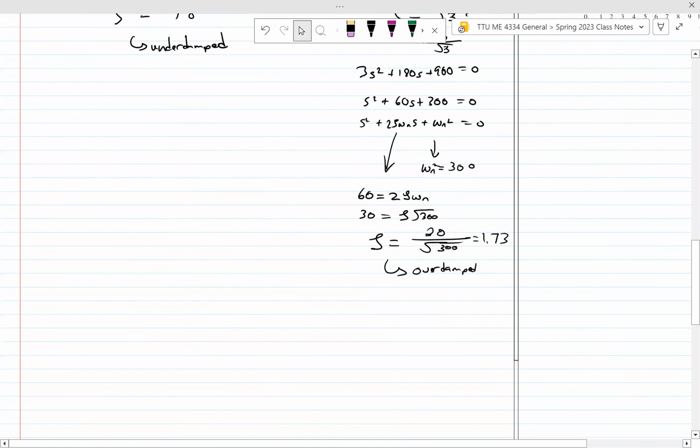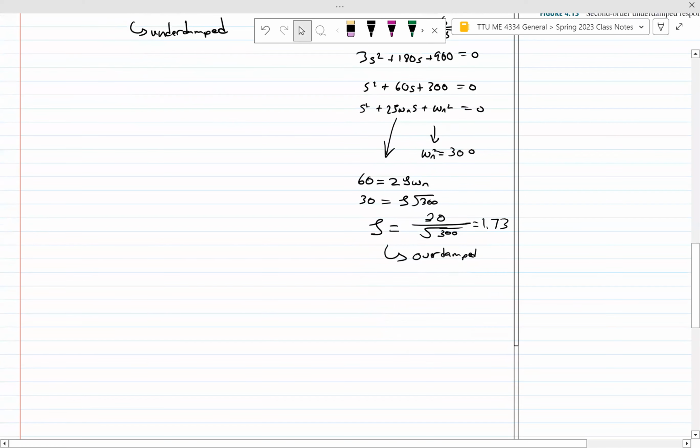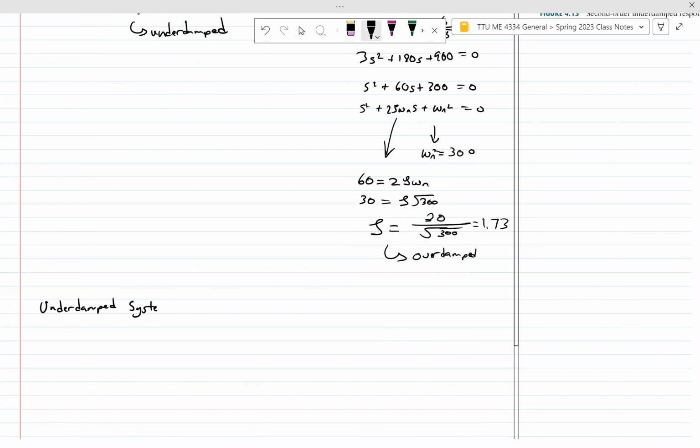If not, let's move on to specifically talking about underdamped system characterization. We're going to spend a good deal in this class, especially towards the end, focusing on underdamped systems.